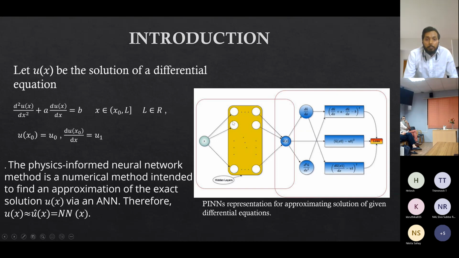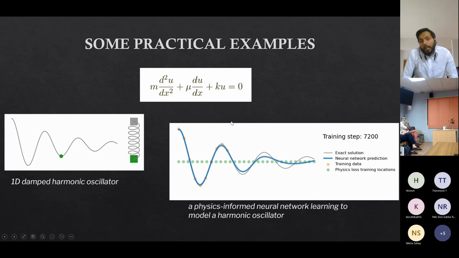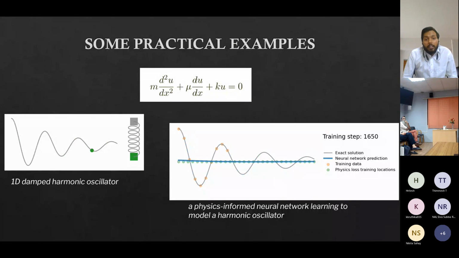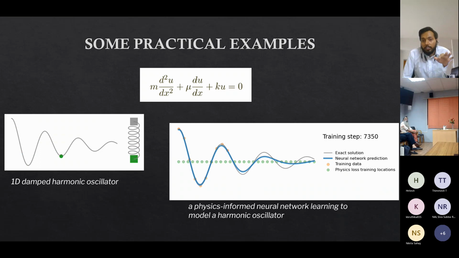And now we take some practical examples. This is the practical example which I am going to take. This is the 1D damped harmonic oscillator, and the governing equations are there as you can see. In the first plot, on the left side, you can see a plot of the 1D damped harmonic oscillator, and when we apply physics-informed neural network to solve this differential equation, after training so many steps, we can see that the neural network prediction and exact solution are coinciding with each other.